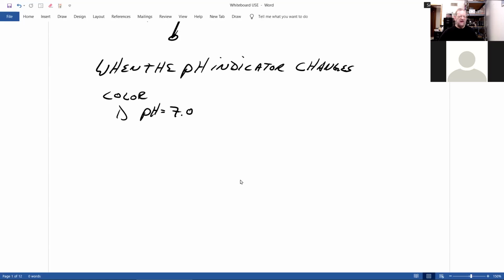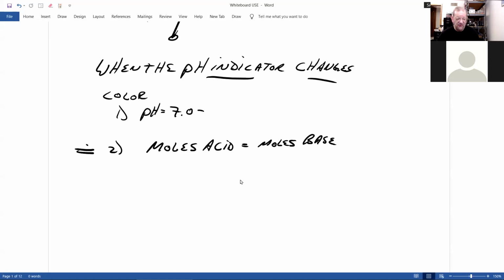When you use phenolphthalein, you know pH is 7.0. And the other thing you know, when the pH indicator changes color, and this is the most important thing, moles of acid equal moles of base at that time.